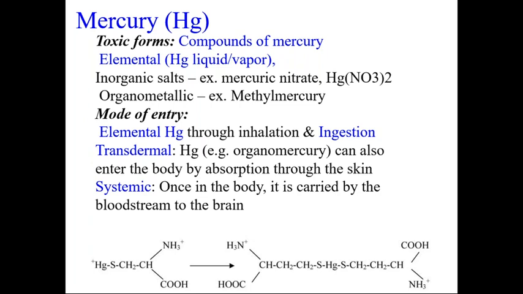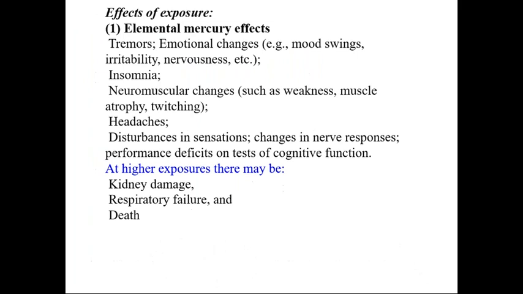So the actual mechanism of action of mercury is that mercury can chelate the sulfhydryls, or the SH. So it prevents all the free sulfhydryls and enzymes containing sulfhydryls at the active site from being active. It inhibits them, or irreversibly inhibits them.